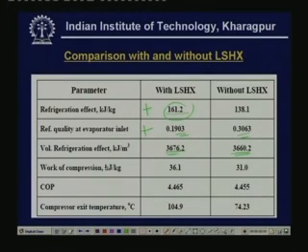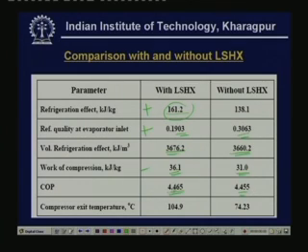Then work of compression. Obviously with liquid suction heat exchanger, work of compression has increased because the isentropes in superheated region are flatter compared to the isentropes closer to the vapor dome. So, this is 36.1, this is 31. So, this is actually a negative, and COP you can see that is almost same. Okay, it is 4.465 with liquid suction heat exchanger and it is 4.455 without liquid suction heat exchanger.